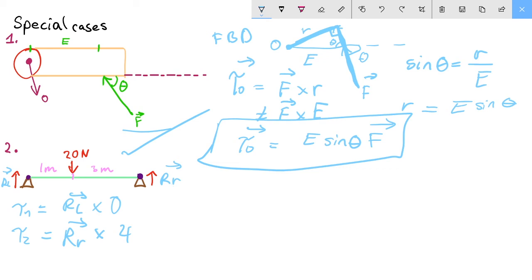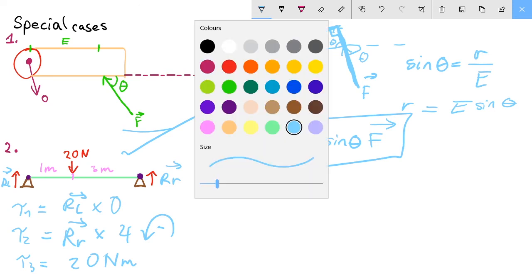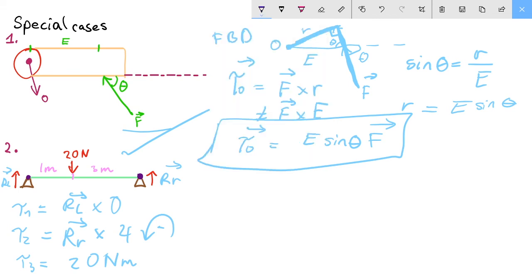Therefore, we can say that it is negative as a whole. Torque 3 will be 20 times 1, which is 20 newton meters. By the way, the special unit for torque is the newton meter.